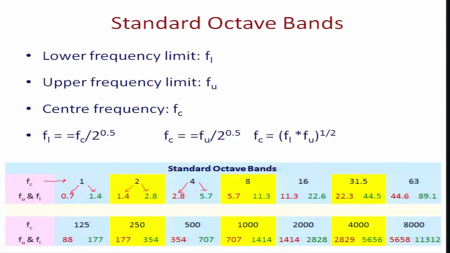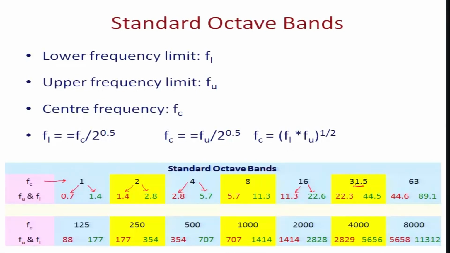Now, an interesting thing to note is that when you go from 16, you multiply it by 2, you get 32, but the industry says no, we do not like 32, rather we like to use 31.5. So the central frequencies 1, 2, 4, 8, 16 are all industry standard central frequencies, but the next industry standard central frequency is 31.5 hertz, not 32 hertz.